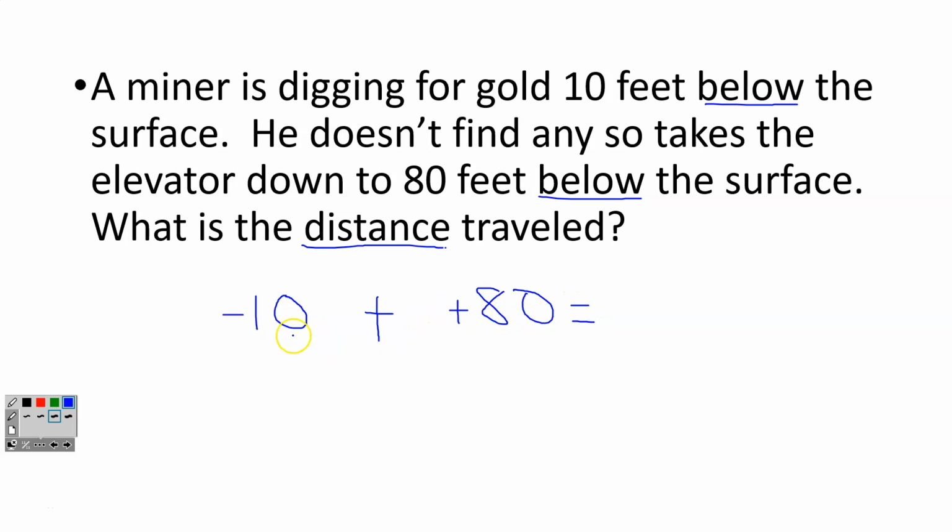So a -10 plus a +80, that's going to give me an answer of a +70. So how many feet he traveled? He traveled 70 feet, basically. Now you could say he traveled 70 feet down. That would be okay too.